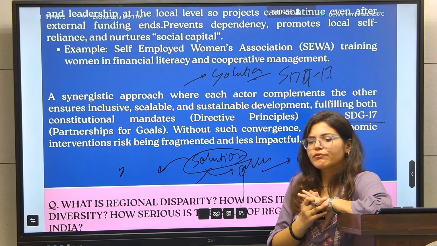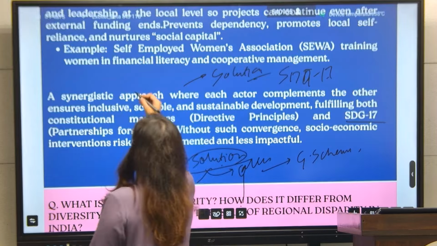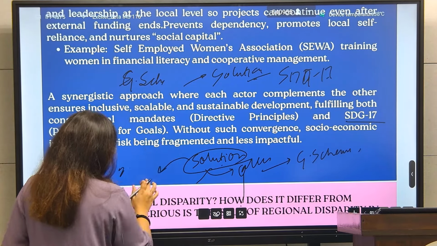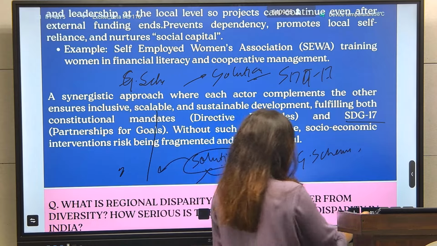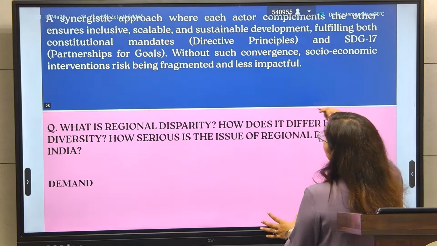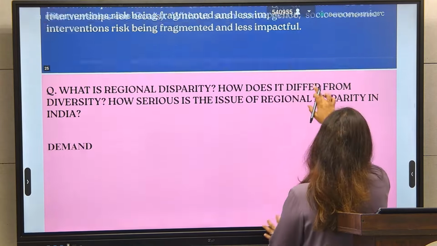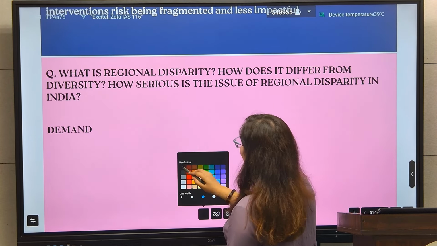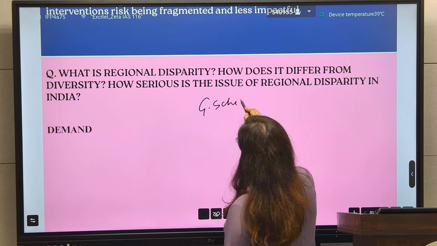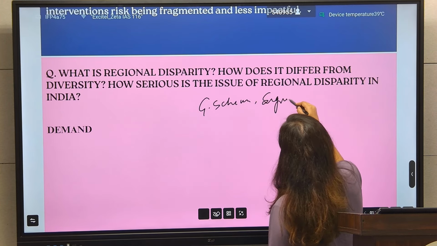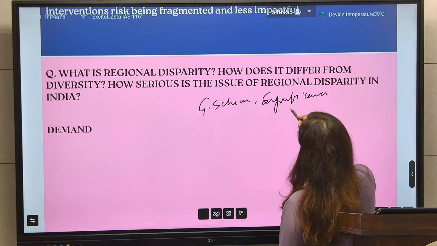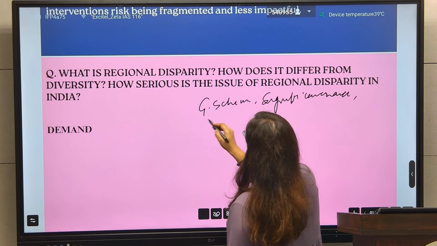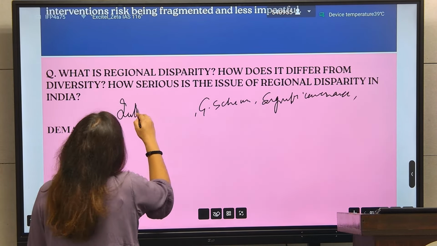So in this way you have to conclude the answer, either by government scheme, either conclude by what government is doing for this, or the significance of this model, or inference.